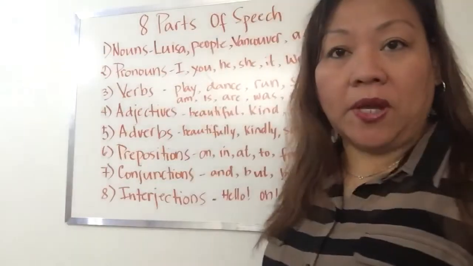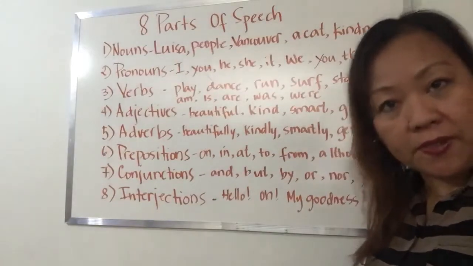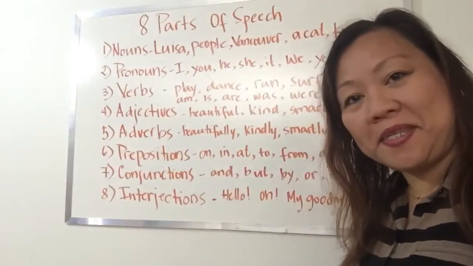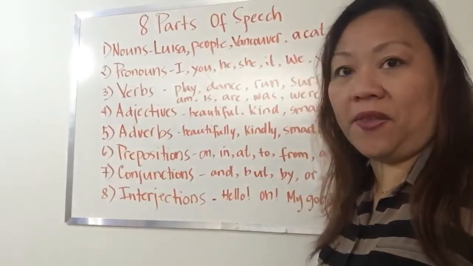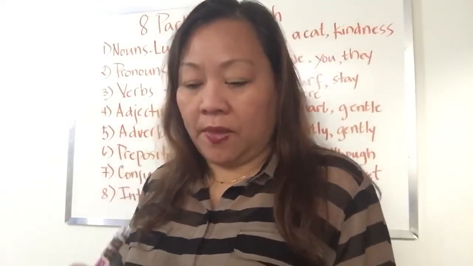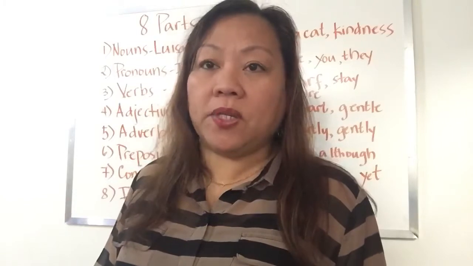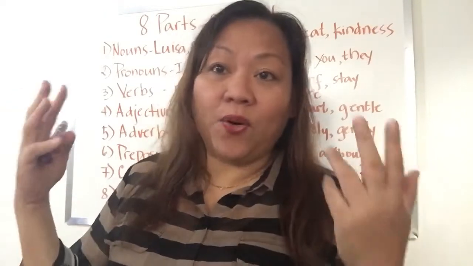I have an example here, which is kindness. Other examples could be happiness, loneliness, tolerance, arrogance, and many other things. So anything that names a person, a place, a thing or an object, an animal or an idea, a thought or a perception, these are all examples of nouns, and we should be able to use them correctly in our sentences.